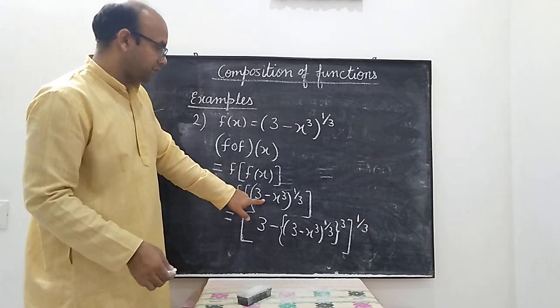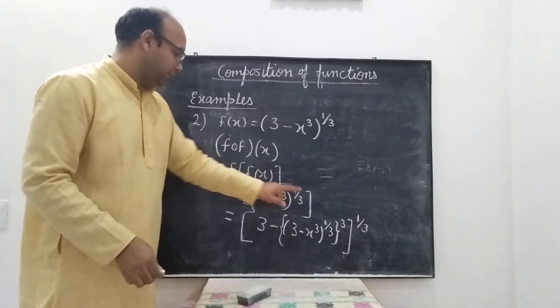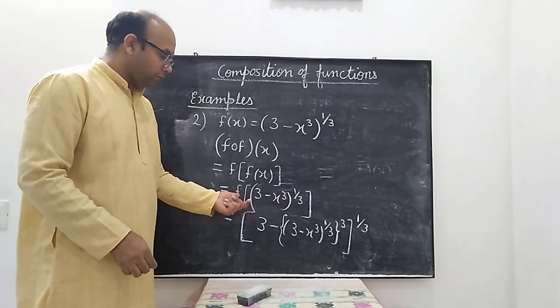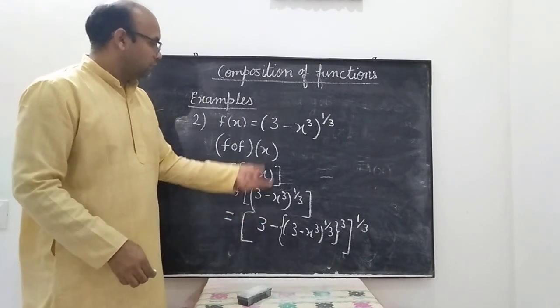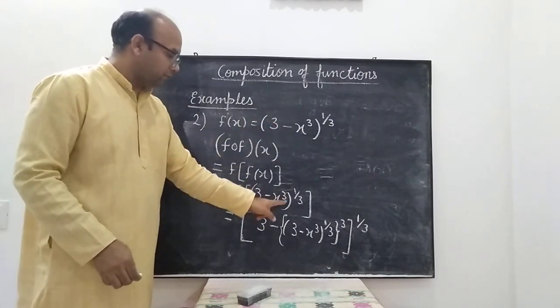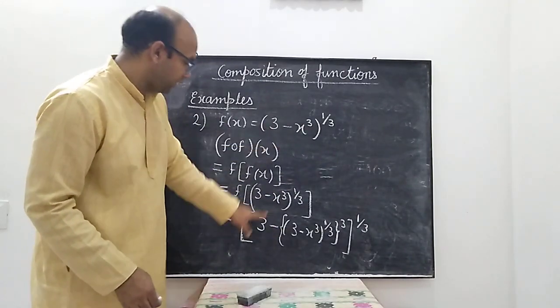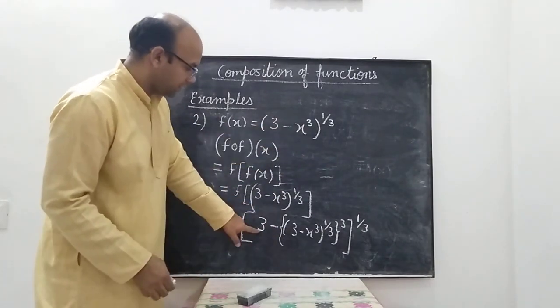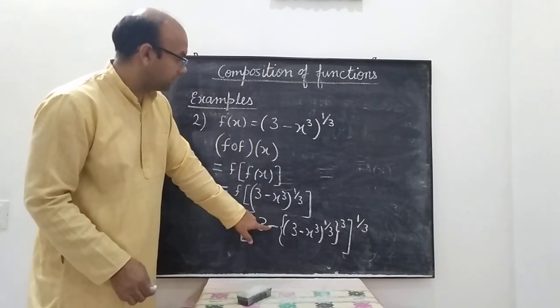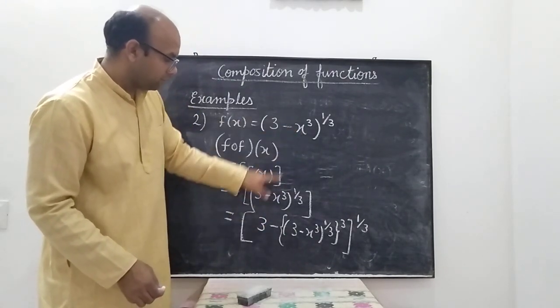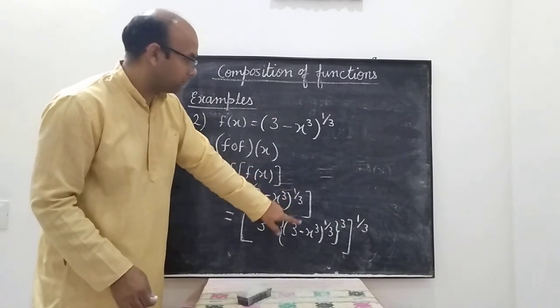fx is 3 minus x cube to the power 1 by 3. Now to find f of this element, in place of x we write this whole expression, and that is what we have done. 3 is here, the minus sign is here. In place of x we are writing 3 minus x cube to the power 1 by 3.